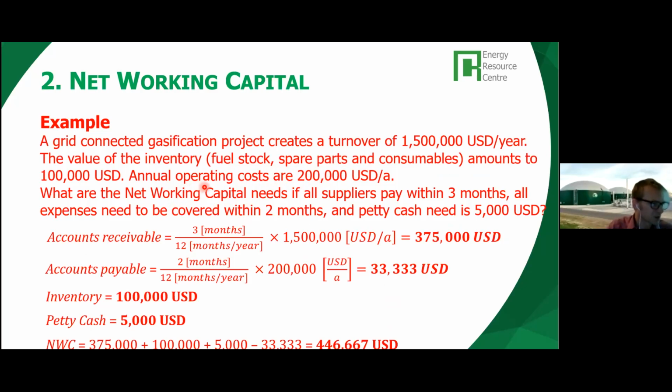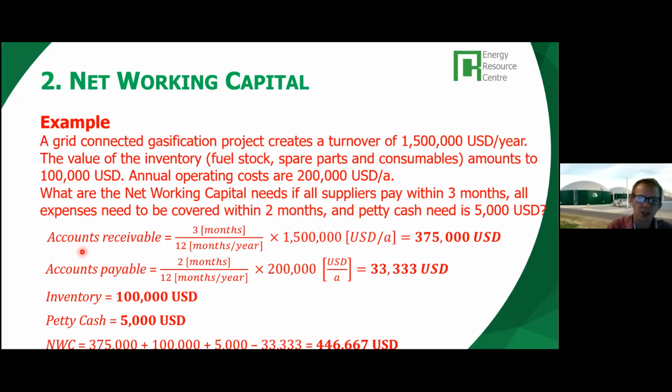The annual operating cost of the plant is $200,000. How is the net working capital calculated, if all customers will pay within 3 months, and all the expenses need to be covered within 2 months, with, let's say, an amount of $5,000 in cash available for small expenses?